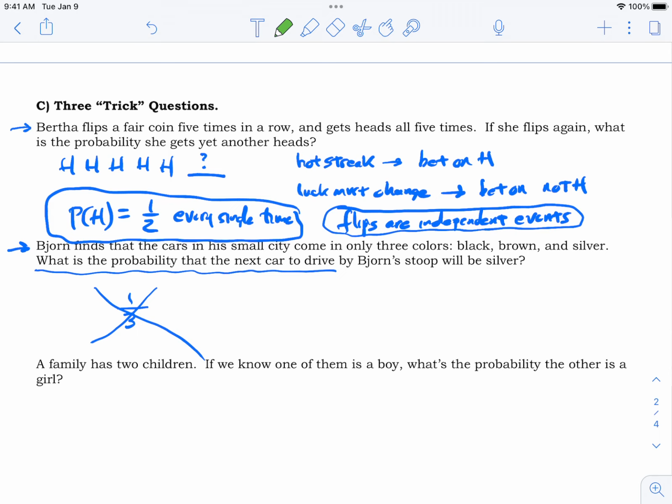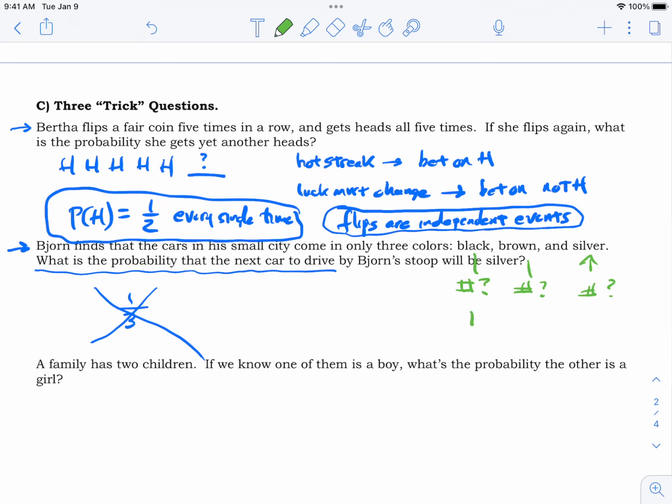Remember we said you list all the possibilities, but you got to make sure you list all the possibilities so that they're equally likely. The problem is we don't know how many black are there, how many brown are there. Oops, that's supposed to be a question mark. We don't know how many silver there are.